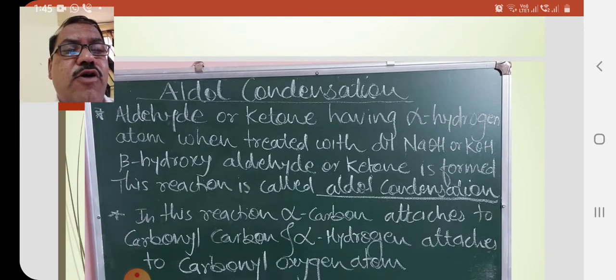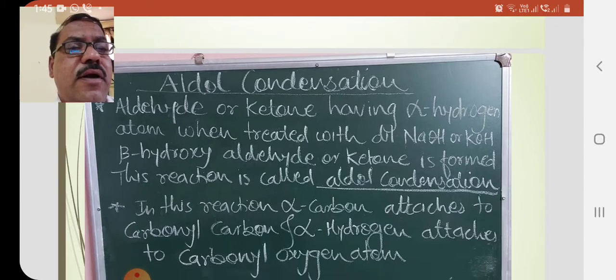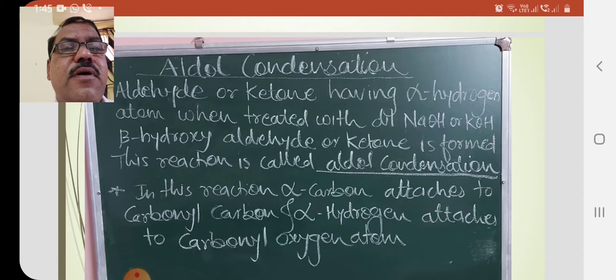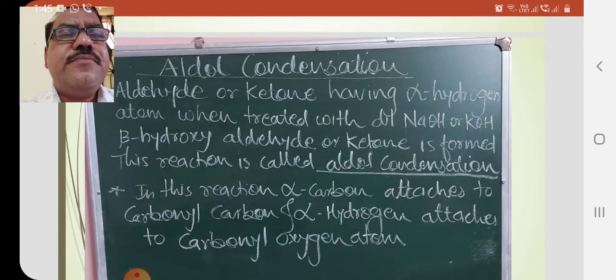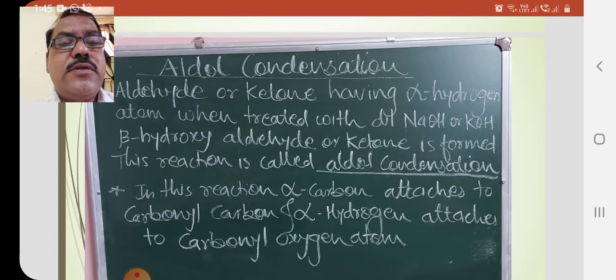Many times the question has been asked, write a note on aldol condensation. So it is a very important reaction for the exam. Aldol is derived from two functional groups: ALD stands for the aldehyde functional group, that is CHO or CO group, and OL stands for alcohol, that is the hydroxy group.